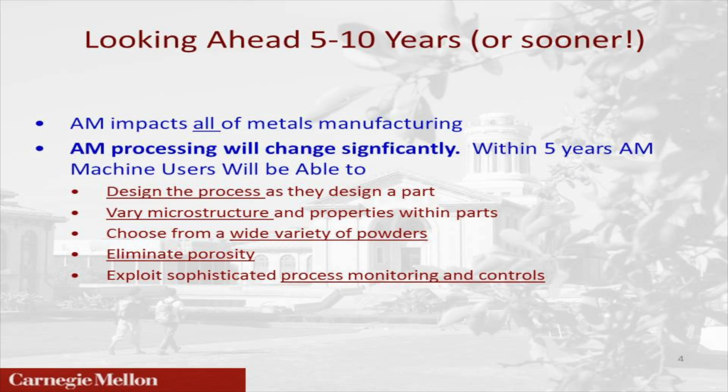So, where are these metals processes going? We're in the research game, and so we like to look at where the processes are going to be in the next 5 to 10 years, and then how our research can impact that.